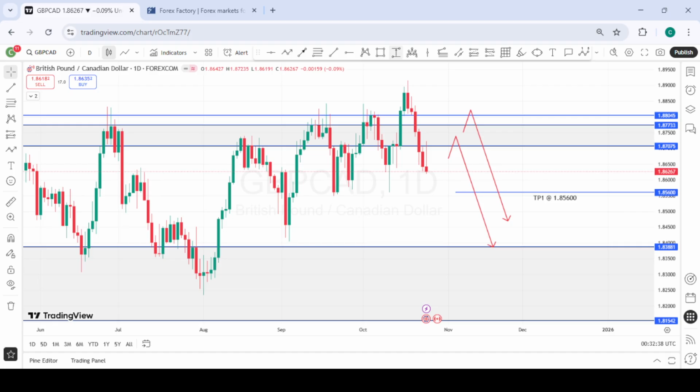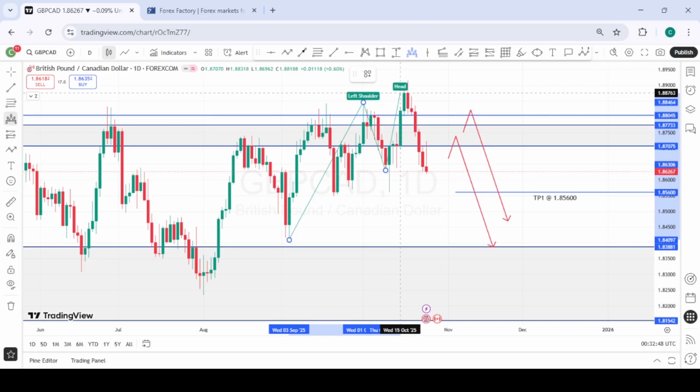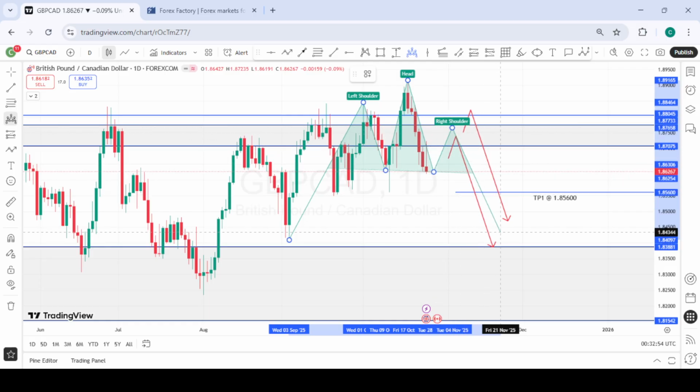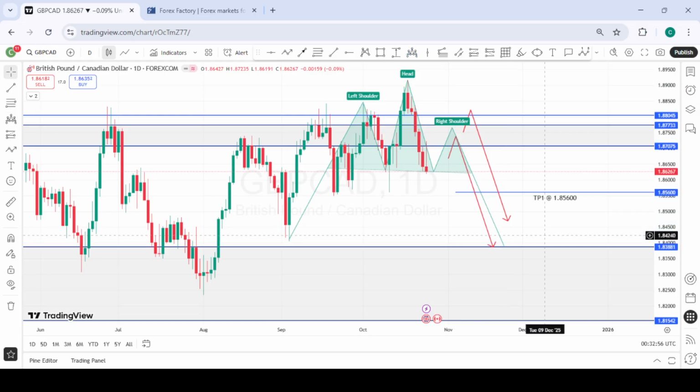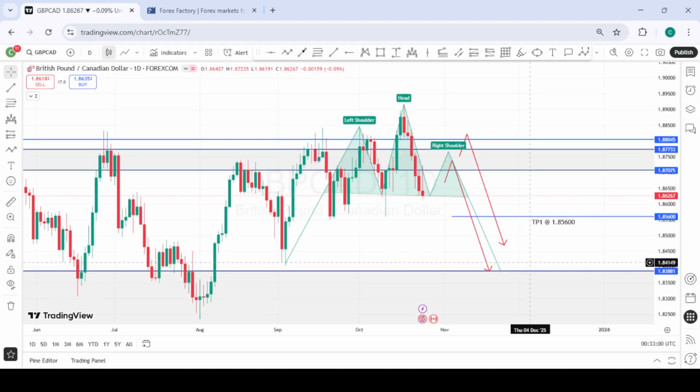So this will be the head, this will likely be the left shoulder, and we are expecting the possible right shoulder to form within this zone. Then we get our sell to the downside. So we are looking out for selling opportunities on GBPCAD.